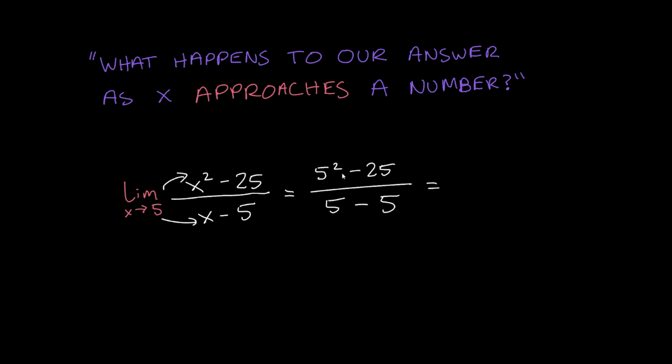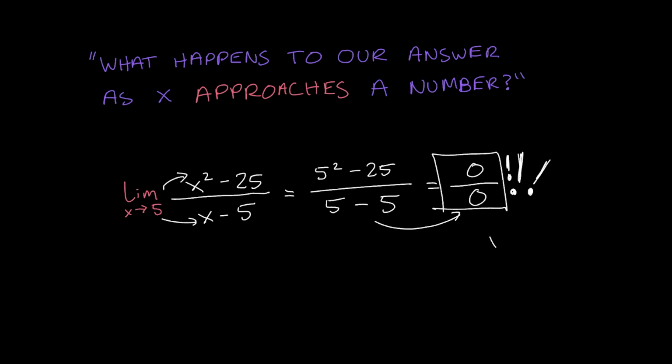Well, 5 squared is 25, minus 25 is 0 over 5 minus 5. Now this is a problem, because what do we have here? 0 over 0. And this right here is a massive problem. We cannot have this. The denominator cannot equal 0.